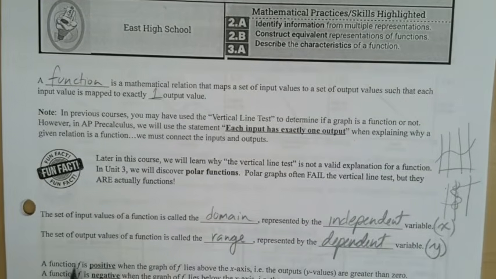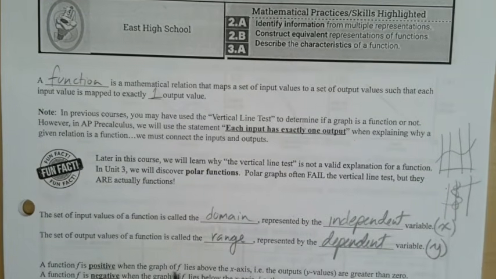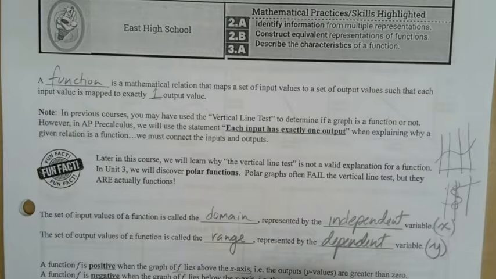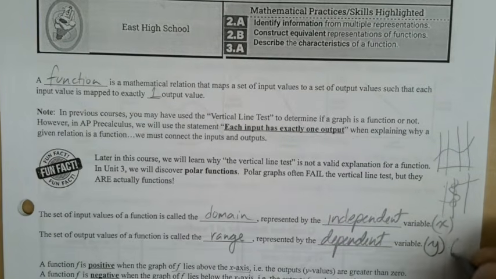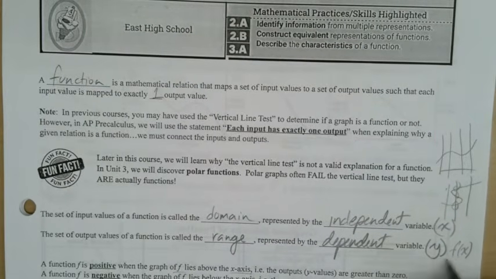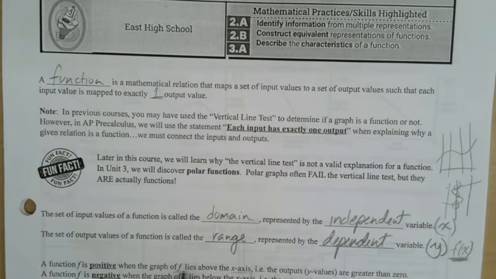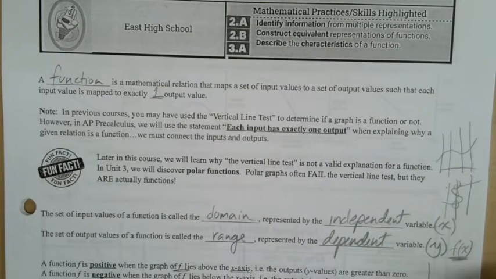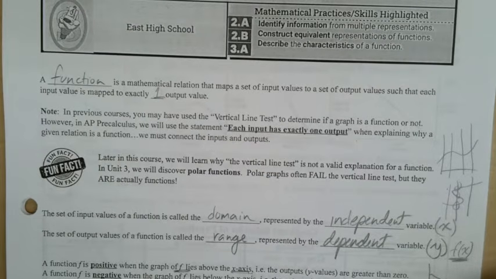A function is considered positive when f lies above the x-axis, f being the function. So even though we have y here, you're going to mostly call these like f of x, g of x. So if f of x is the name of the function, f lies above the x-axis, that means that the outputs or y values are positive. So a graph would be positive here, even if it's decreasing.